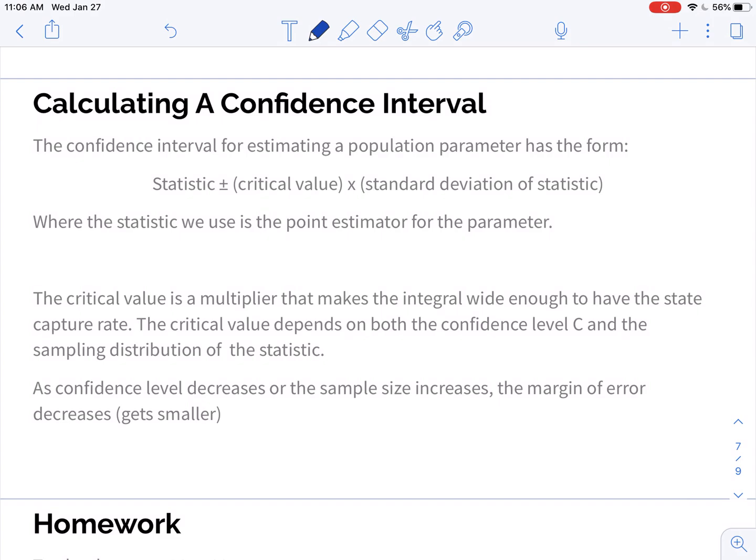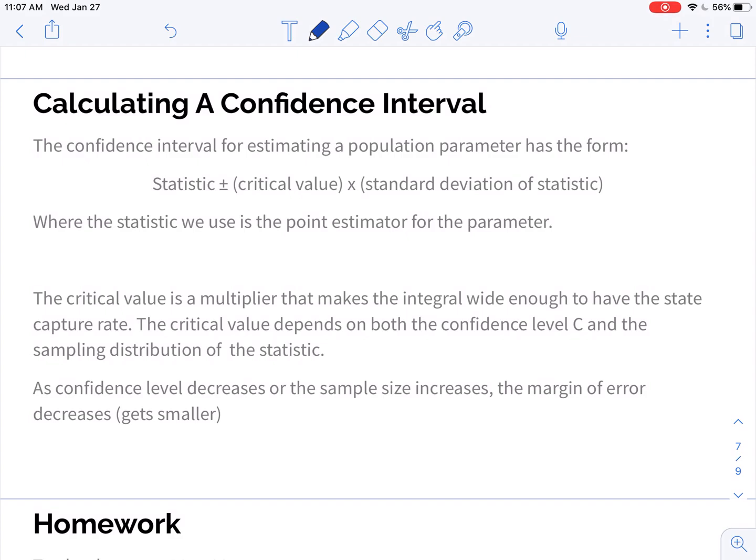The critical value depends on both the confidence level and the sampling distribution of the statistic. As the confidence level decreases or the sample size increases, the margin of error gets smaller. So I can make a smaller margin of error if I decrease my confidence level.